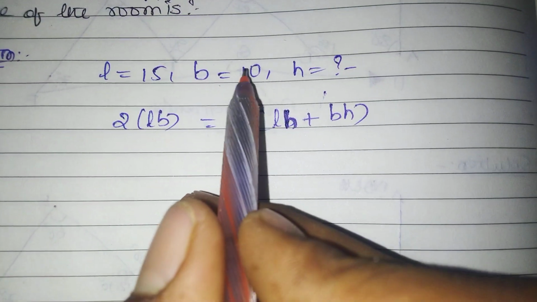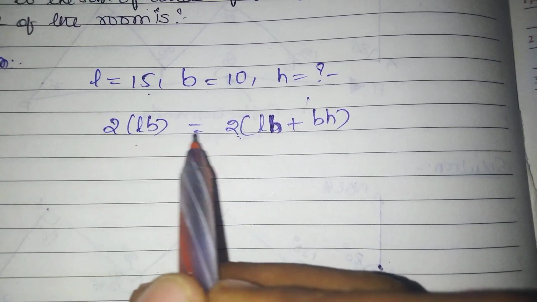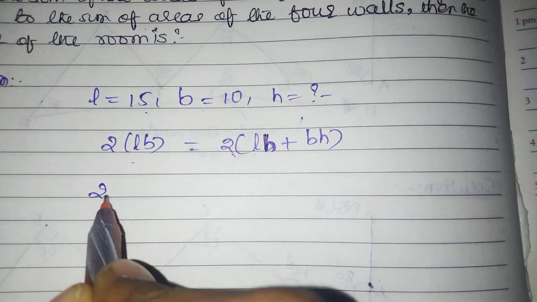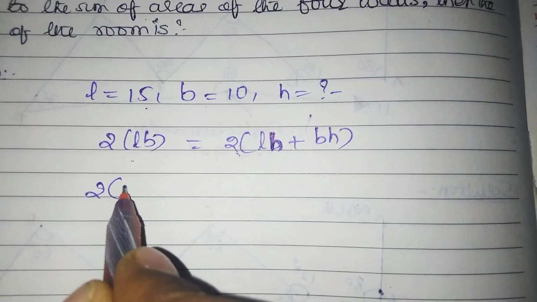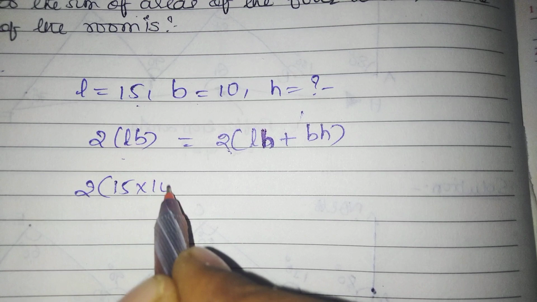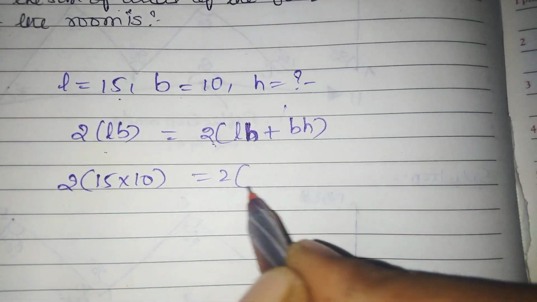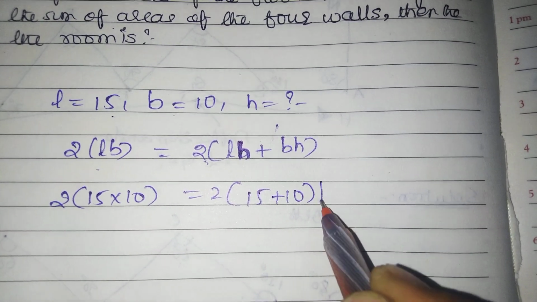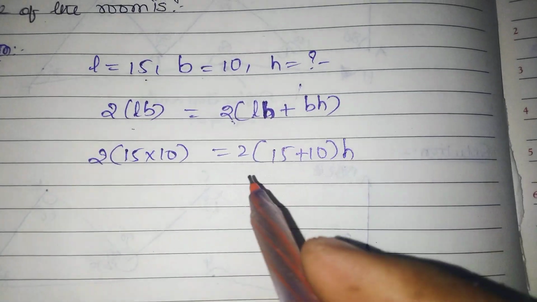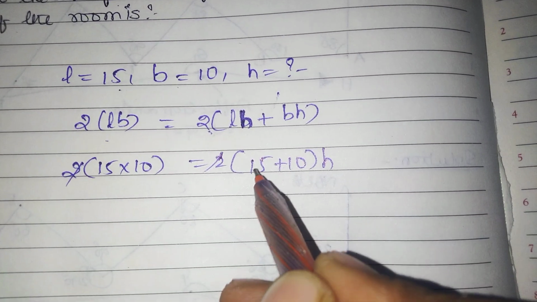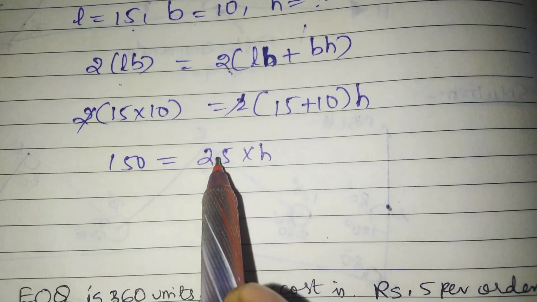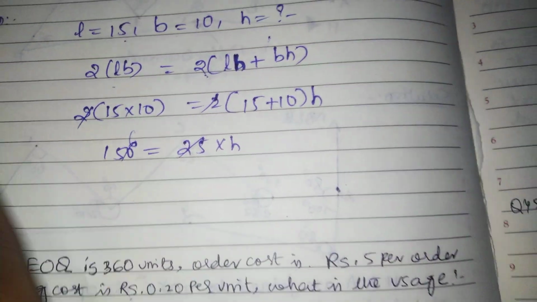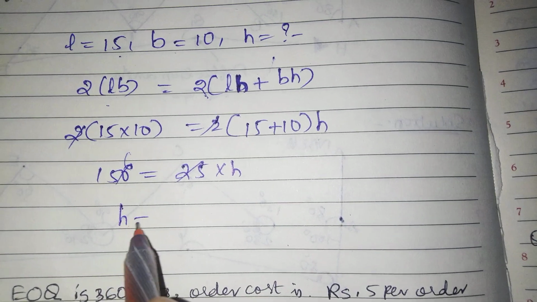We substitute those values in this equation: 2 into 15 into 10 equals 2 into length 15 plus 10, into h. We take h as common and calculate the h value. So the 2 cancels. 25 h equals 150. So h equals 6.